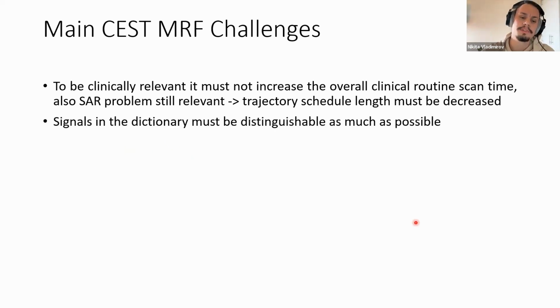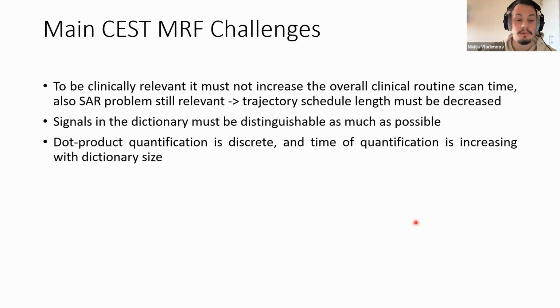Another problem is that signals in the dictionary must be distinguishable as much as possible. If we have a long sequence, like 30 images in the sequence, that's good. But if you want to make it shorter, that's a problem.